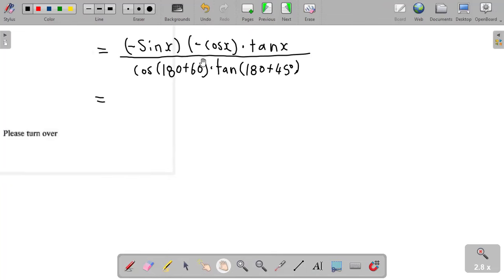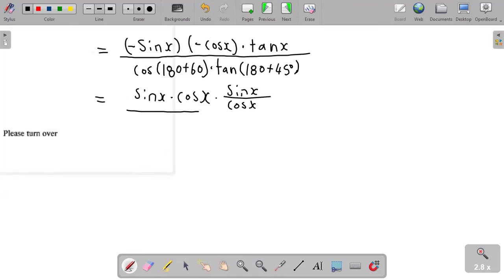The negative will cancel the negative. So you have sin x cos x, and the tan will be sin x over cos x.